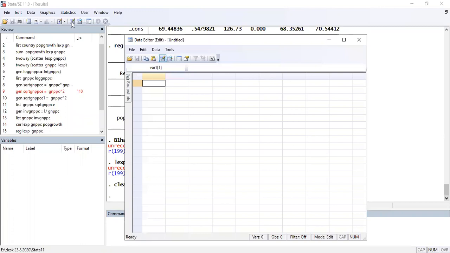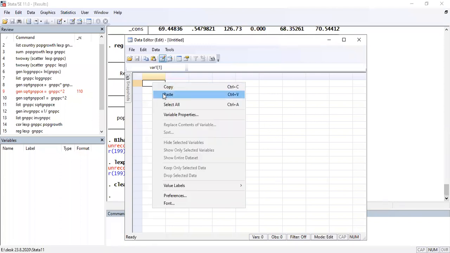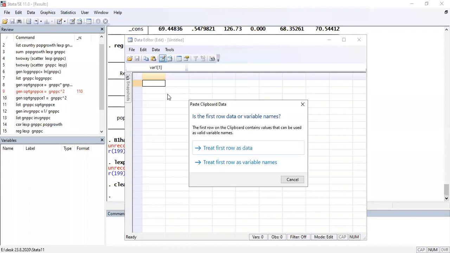If you hit on that icon, you will see this Excel-like sheet, and you say paste. You just paste it. When you paste it, it will ask, is the first row data or variable names? In our table, the first row was the variable names, CM, FLR, and all this.